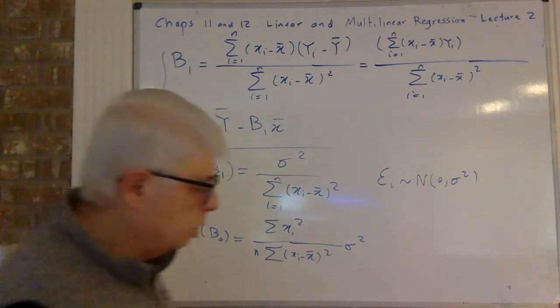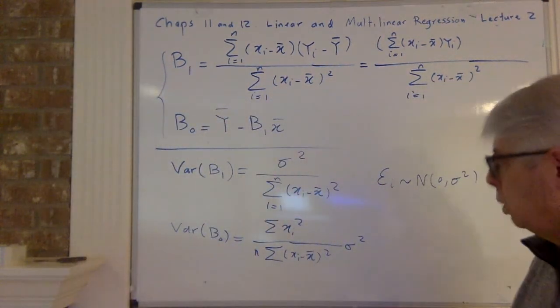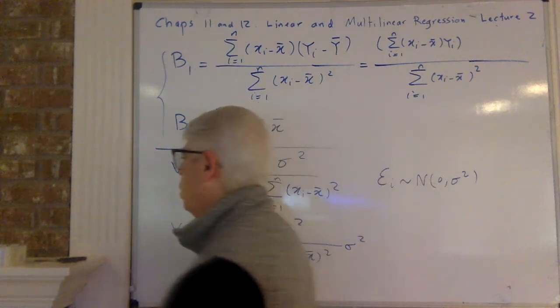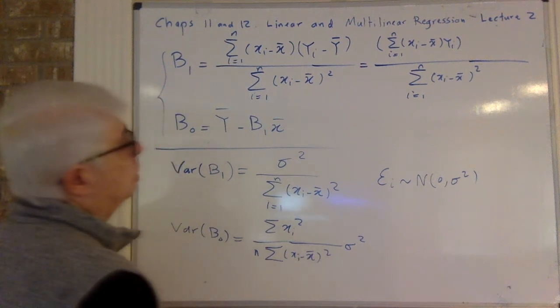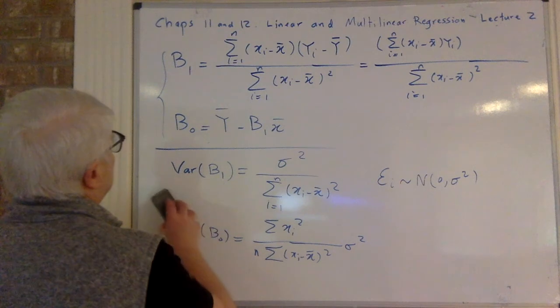So that's the null hypothesis, and you check that. I will explain that when I discuss R and the output of the linear model in R. So let me erase this.